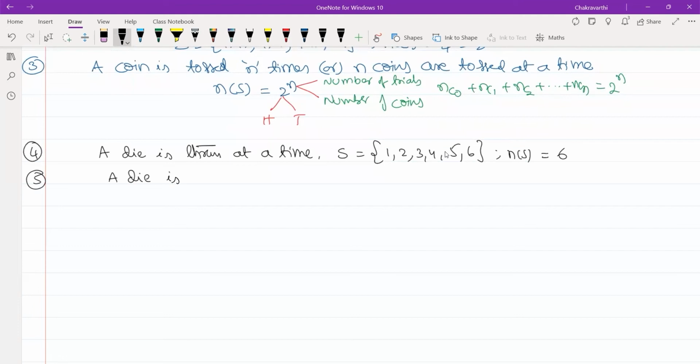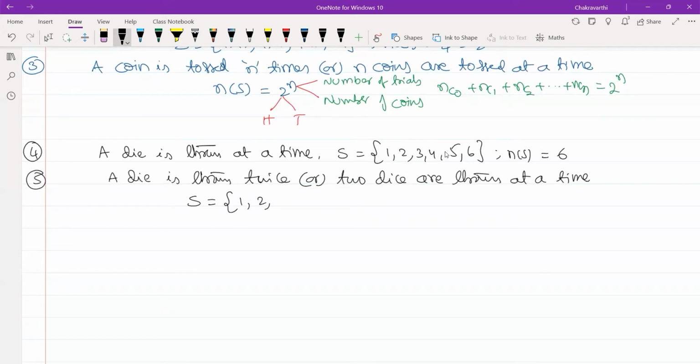A die is thrown twice, or 2 dice are thrown at a time. The sample space contains 1, 2, 3, 4, 5, 6 for each die.